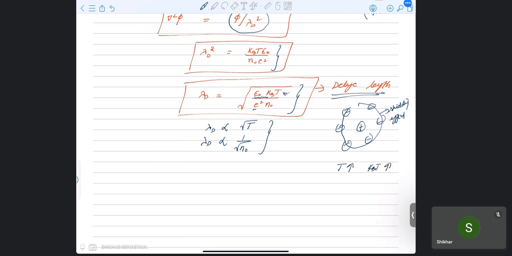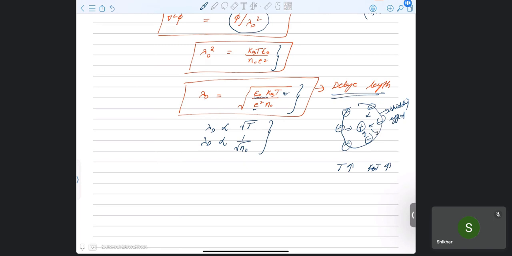And if thermal energy is very large, then these electrons which are forming a cloud around this positive test charge, this cloud would not be formed very efficiently, because they will not move very close to the positive test charge. See, there are two things.